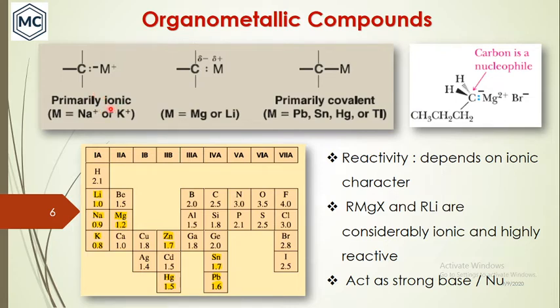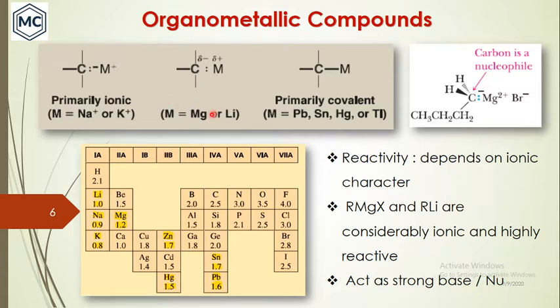Sodium or potassium is so reactive that it explodes even if you put it in water. And when carbon is attached to a metal like lead, tin or mercury, which has higher electronegativity, the bond will be primarily covalent.